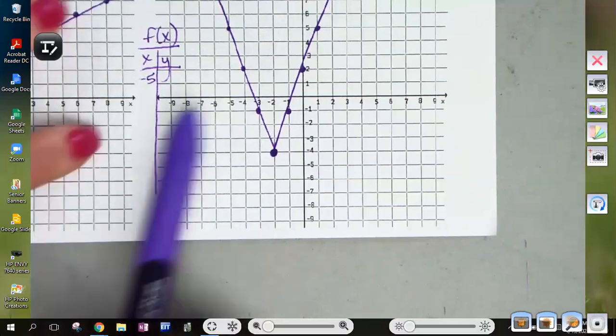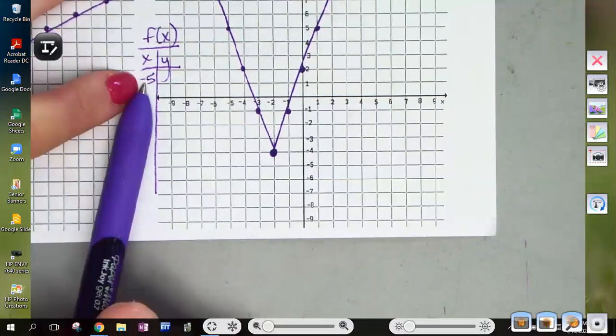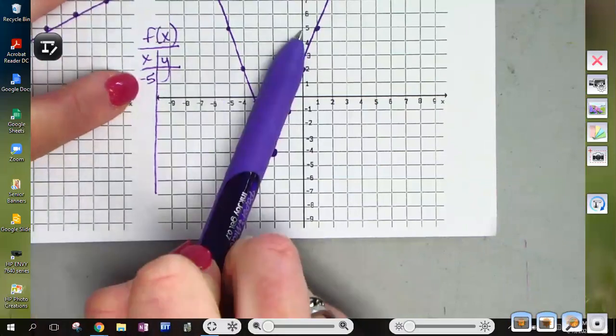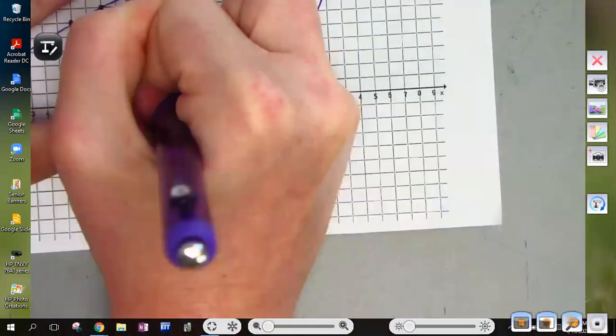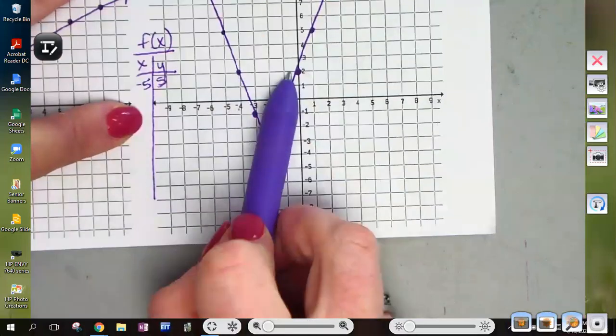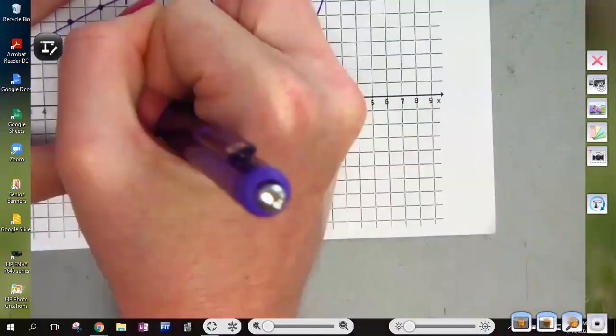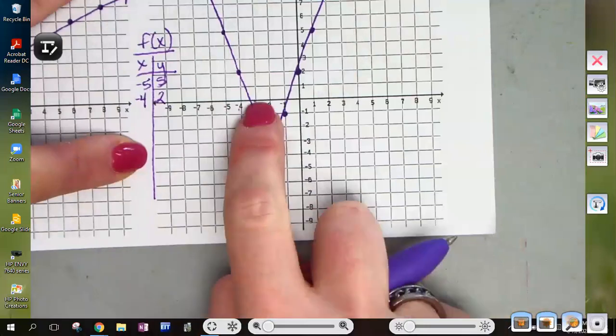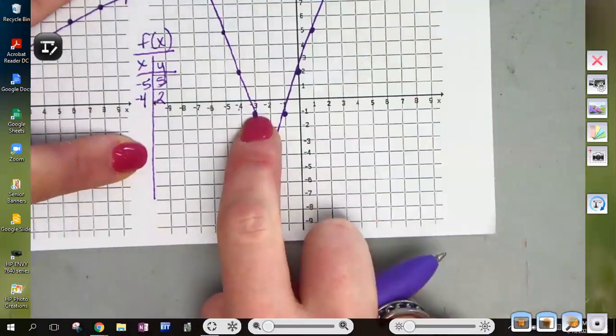So when my X was -5, what was my Y? +5. Okay. Next one I see is -4. What was the Y value? 2. So I got -4, +2. The next X is -3. What's the Y? -1.